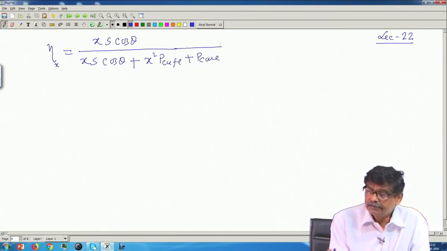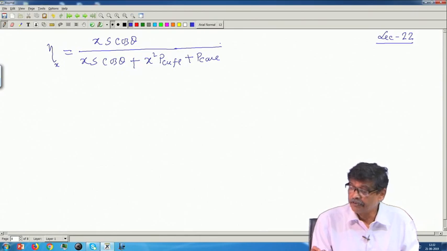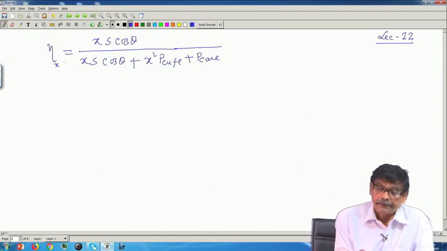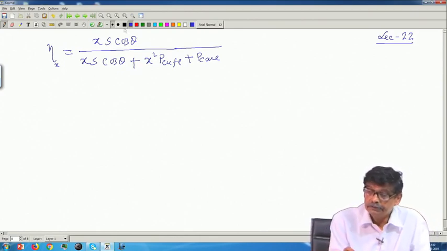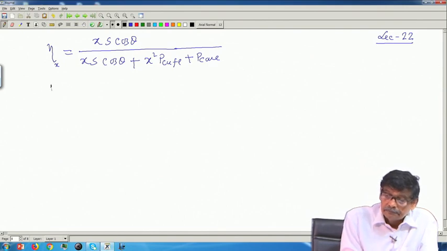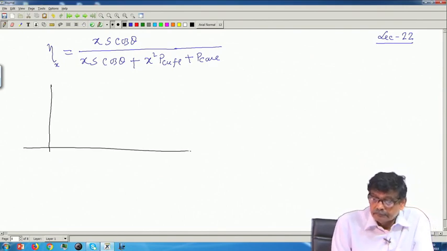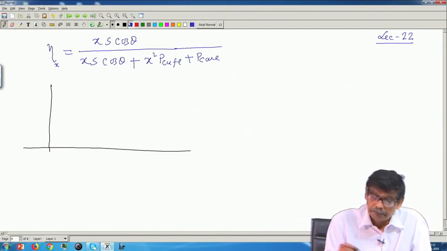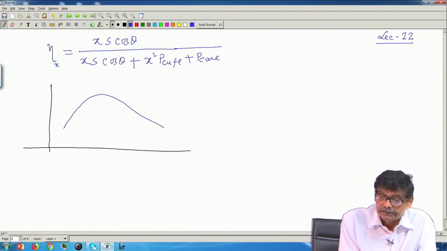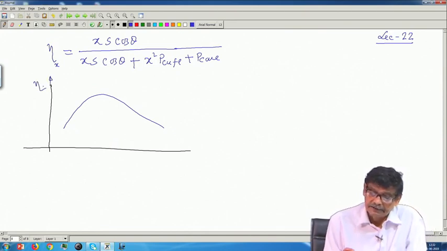And what I saw with this expression of efficiency is this: at a particular power factor, if you sketch it, it will be like this, and this is efficiency eta.